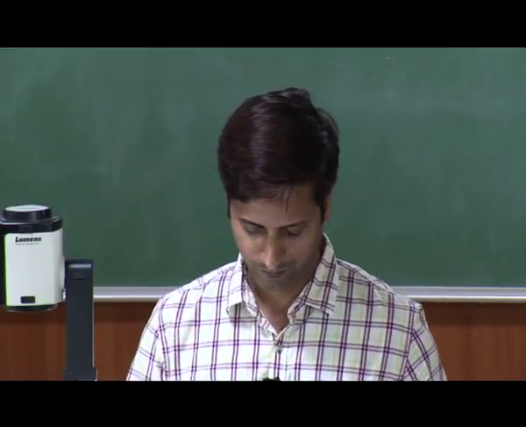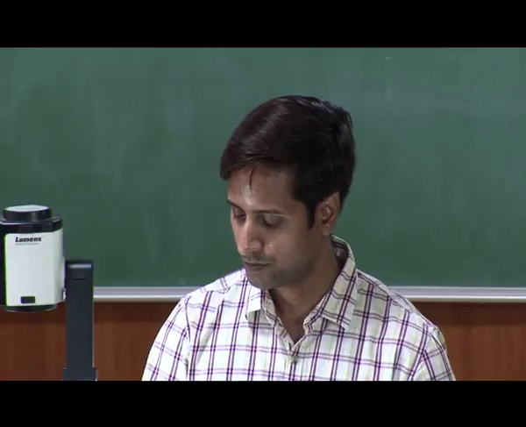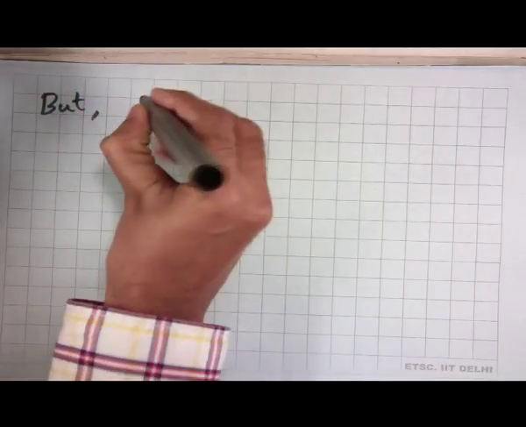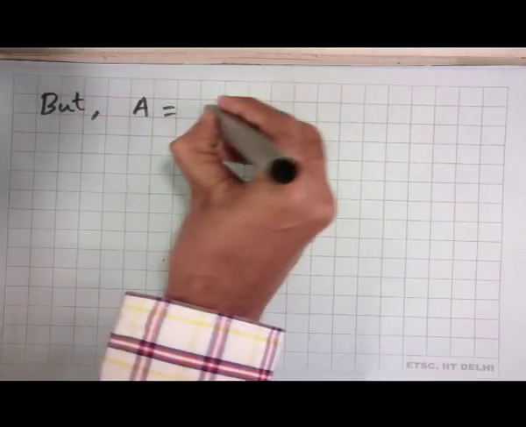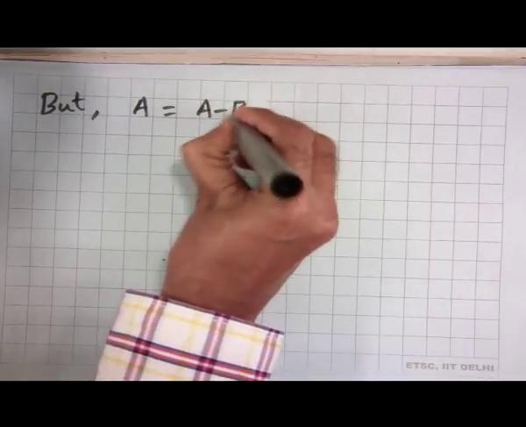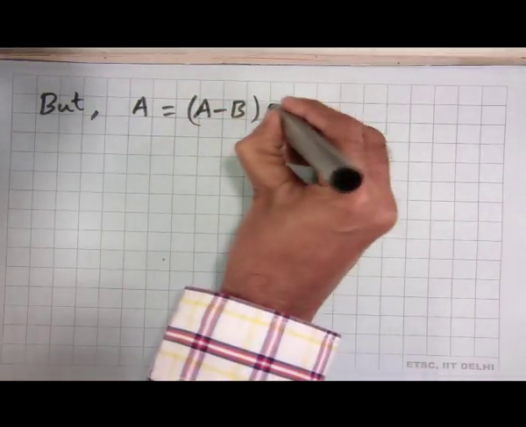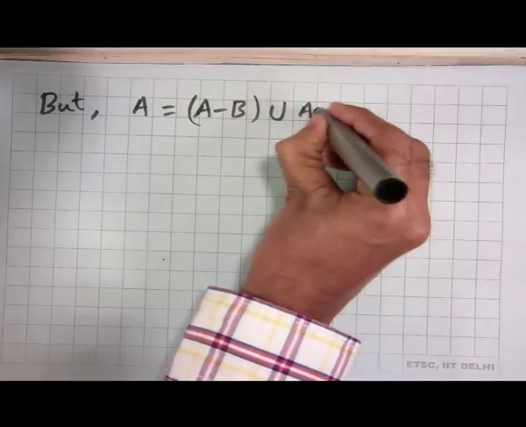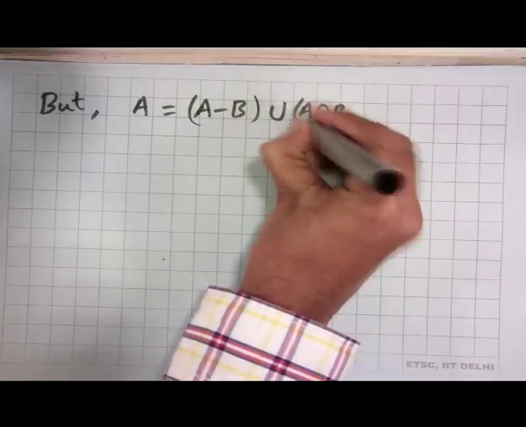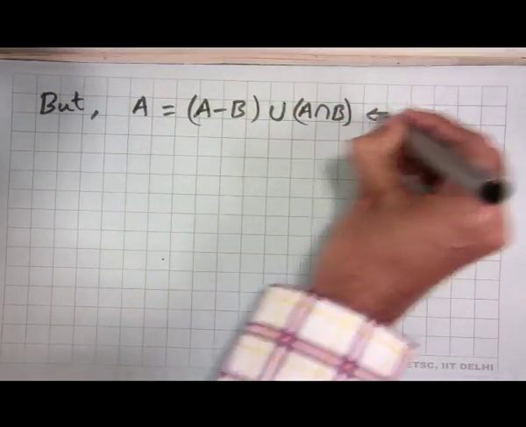But A is equal to A minus B union A intersection B, this is a disjoint union.